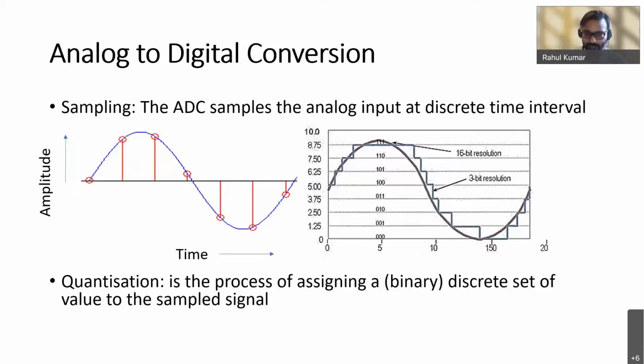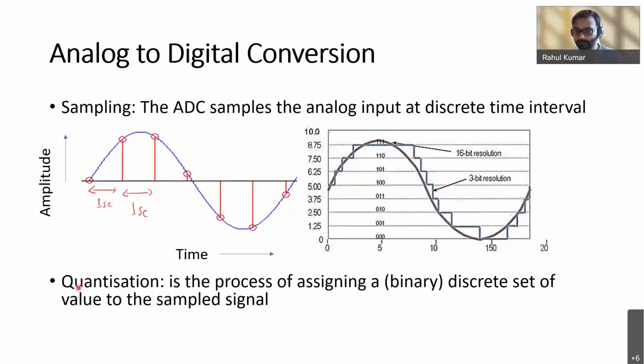So let's say at every 1 second, we take some data from the analog signal to make it discrete. So the ADC samples the analog input at discrete intervals of time.